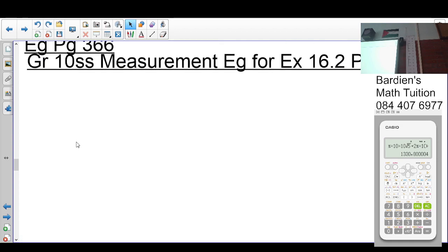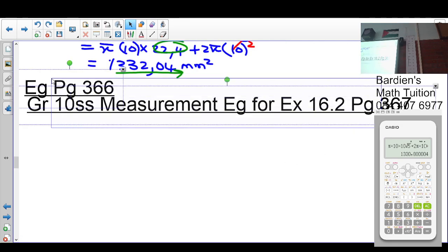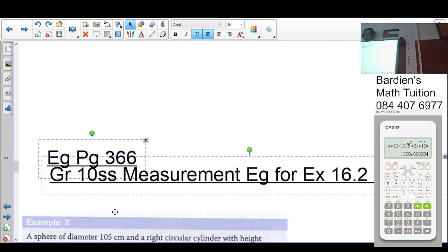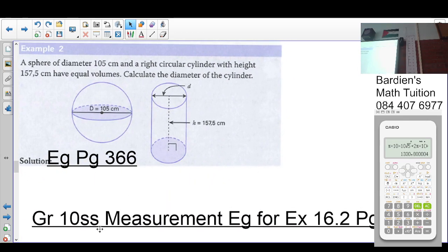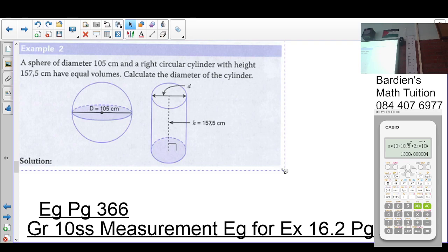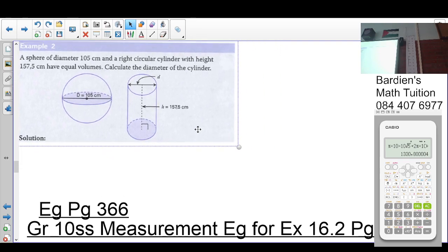Okay, so I'm going to just do example 2. So in example 2 on page 366, we are told that a sphere has a diameter of 105.